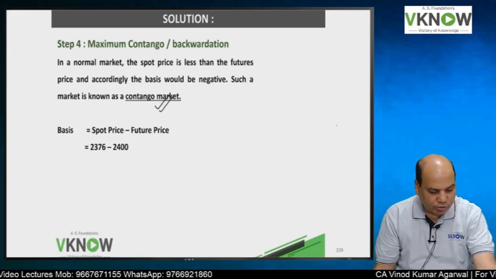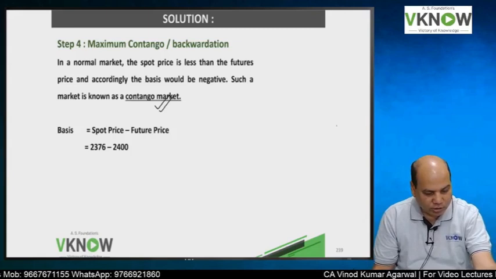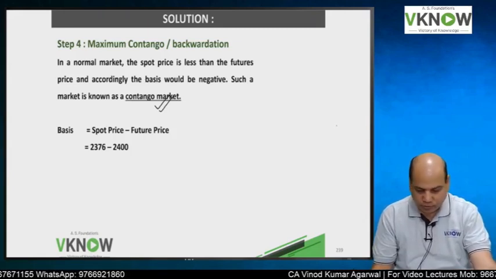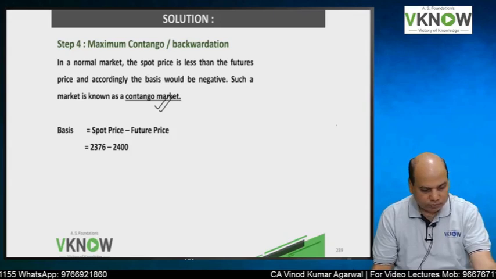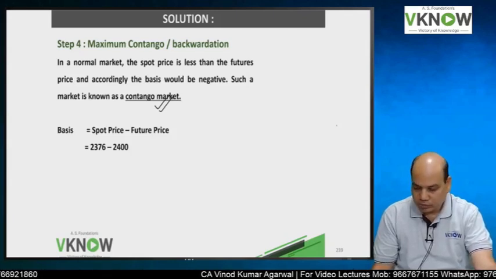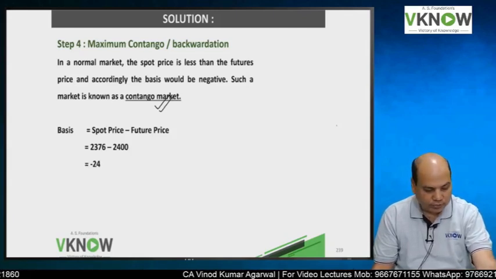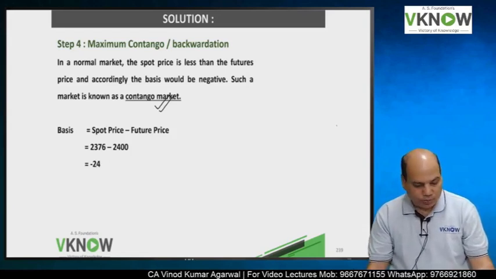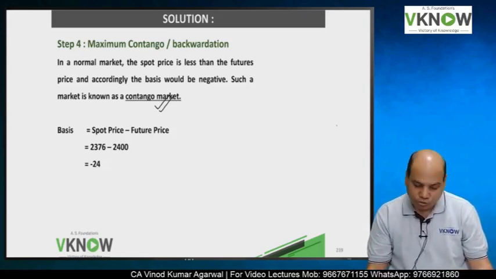Basis is equal to spot price minus future price. 2376 minus 2400 is equal to 24 negative. It means your spot price is less than future price.